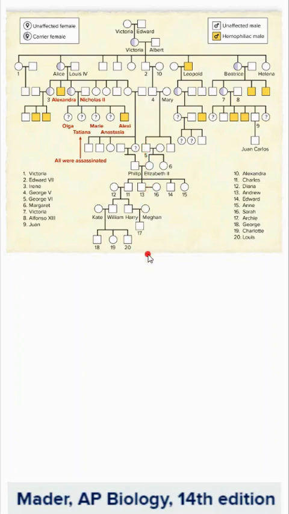That should be a tip-off that it's possibly an X-linked recessive trait. In this one, it actually shows females half-shaded as carriers, and you can see that it is mom being a carrier that is able to pass on that carrier trait to daughters and give the trait to her sons.